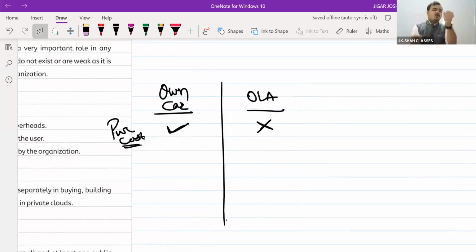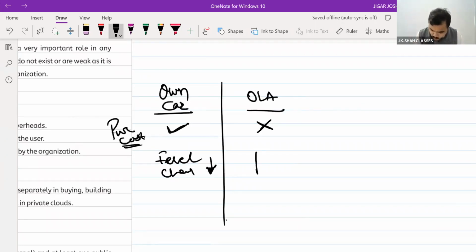Suppose, people, you are having your own car, and it's a petrol car, diesel car, whatever may be. And suppose you want to travel by car, generally your fuel charges are very less as compared to Ola. Yes or no? Example I want to give you.